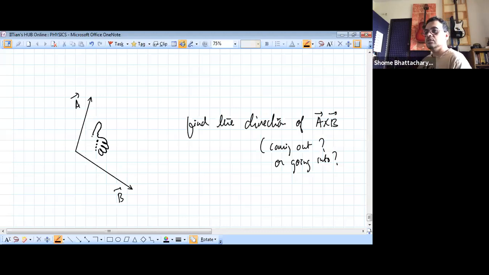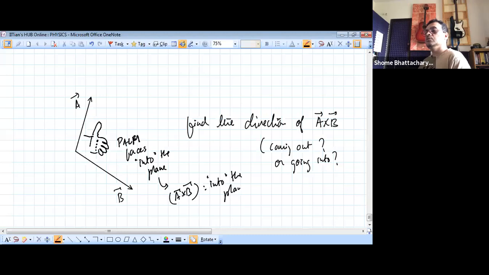So this is palm faces into. Okay. That means A cross B is into the plane.